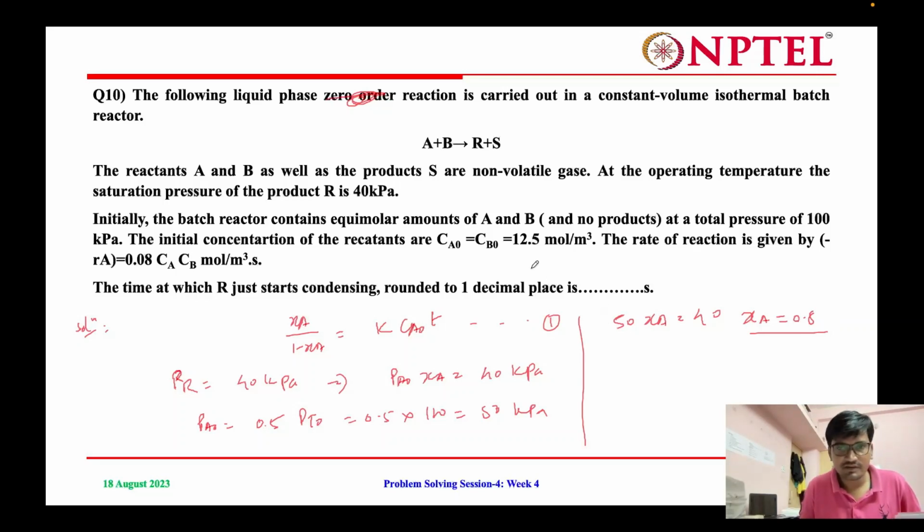Now the initial CA naught is given as 12.5. So put the values in this equation and calculate the time.